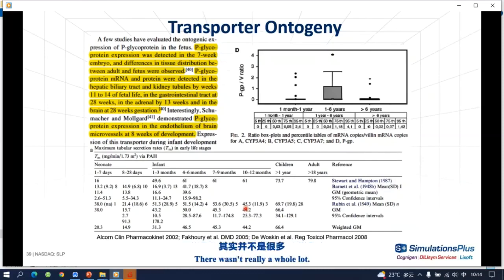And looking for ontogenies, there wasn't really a whole lot. There was some information for PGP and maybe a couple of additional transporters, typically mRNA. A lot of qualitative information, just saying that it's lower expression and so on. And there was information on the clearances for different compounds that could be used to infer what the ontogeny might look like.